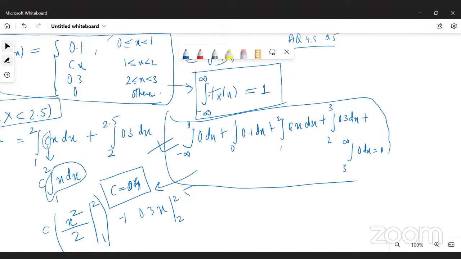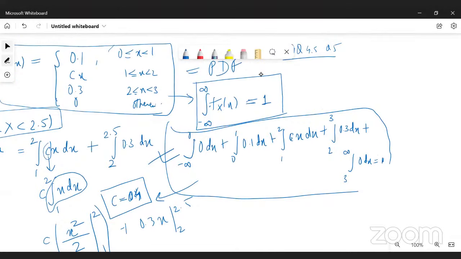If the inequalities are changed for, let's say, the second one, instead of saying x is greater than or equal to 1, x is less than 2, I make it x is less than or equal to 2, will it change my integrals?